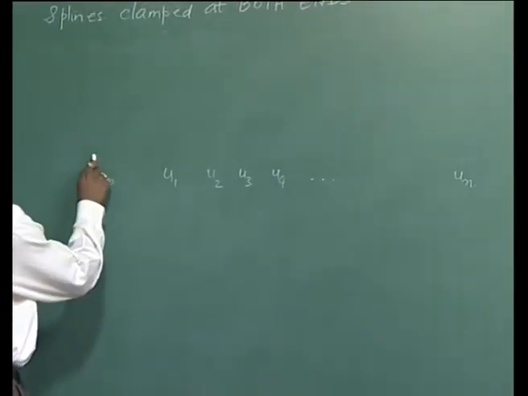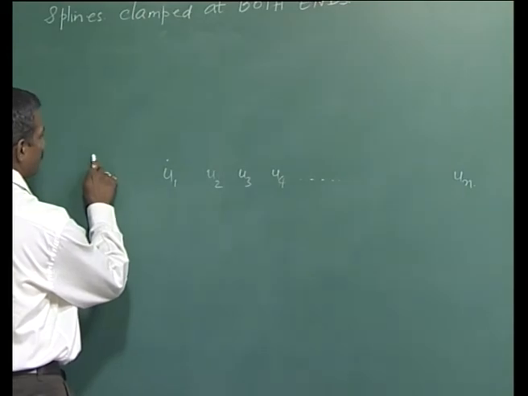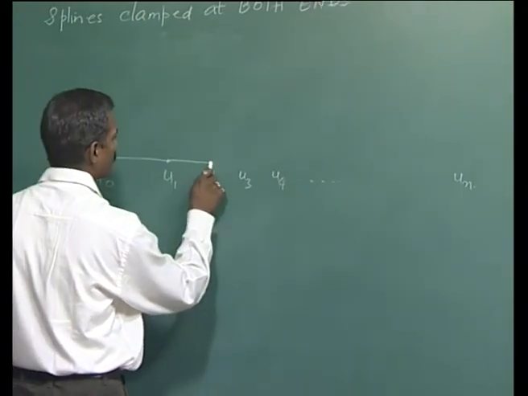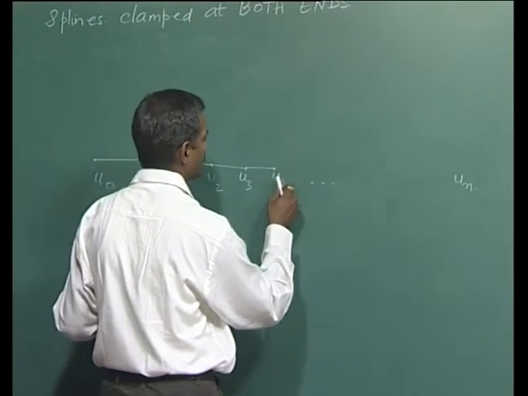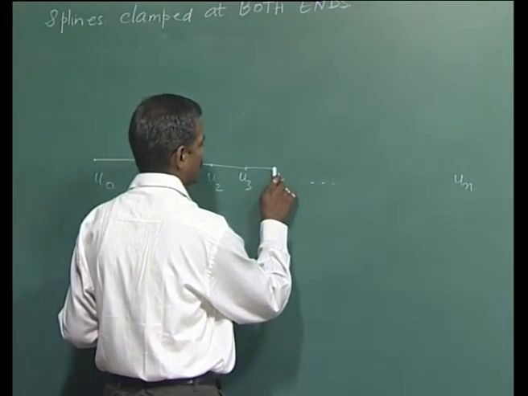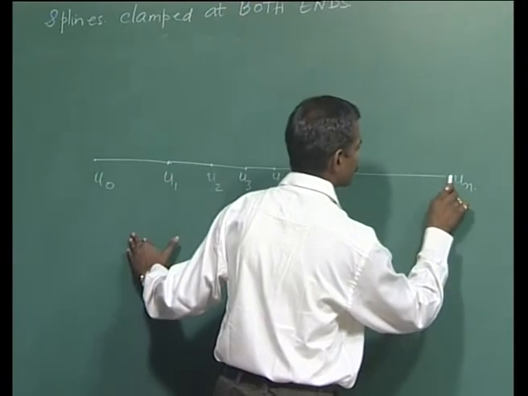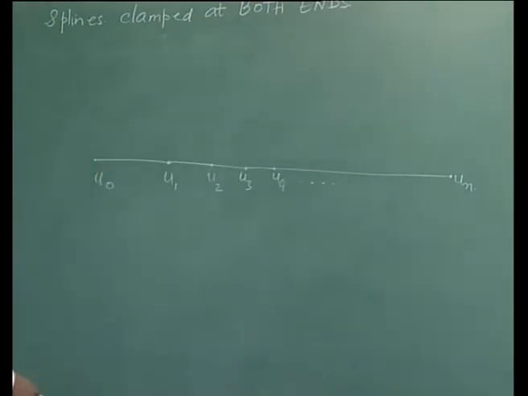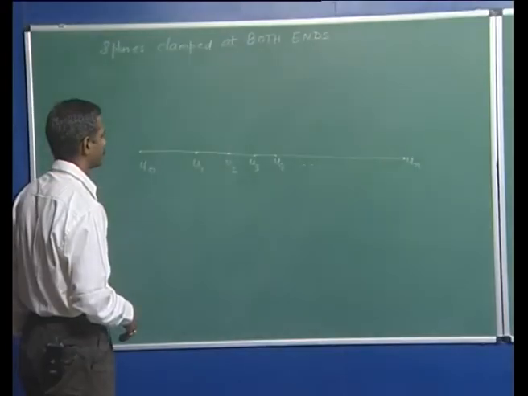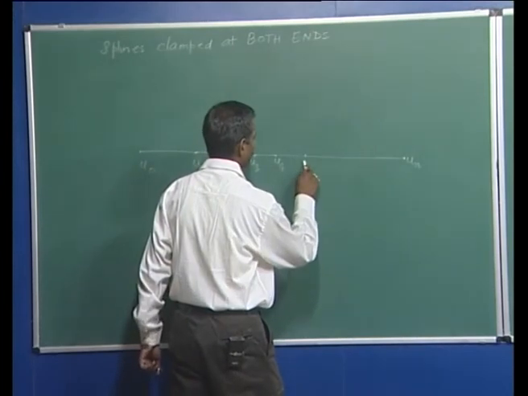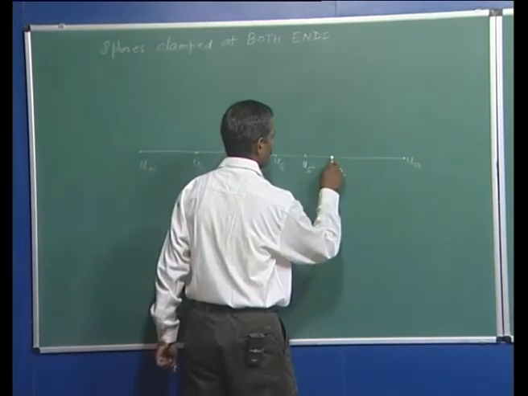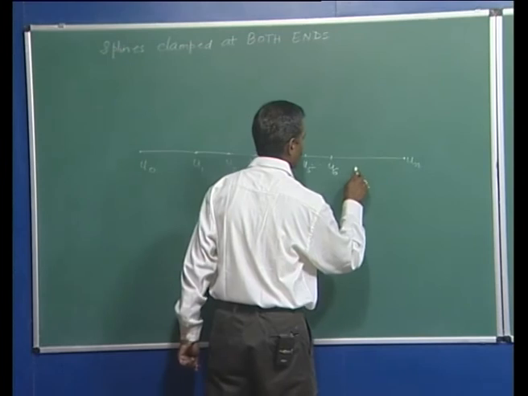I may have generated these parameters using either chord length parameterization or centripetal parameterization, or using the general scheme that we have discussed before for any value of e. Let me jot down a few more parameter values and so on.